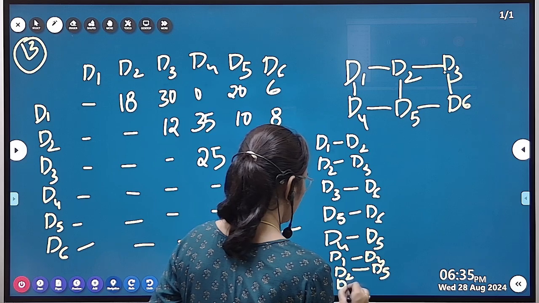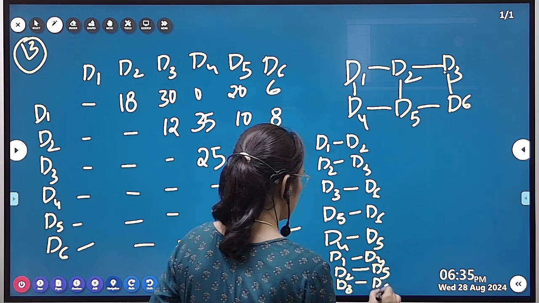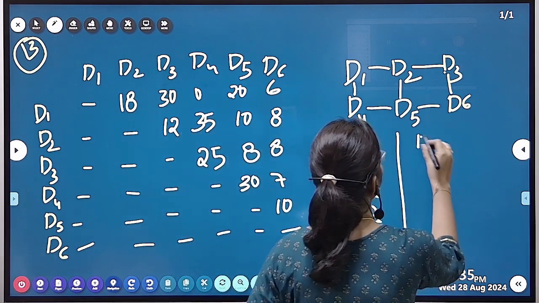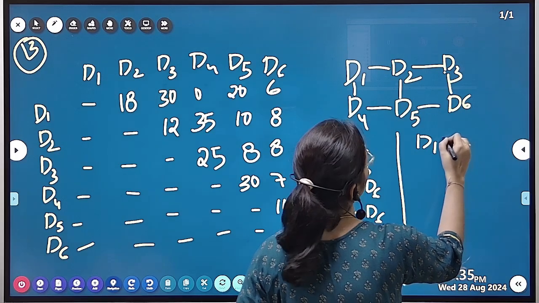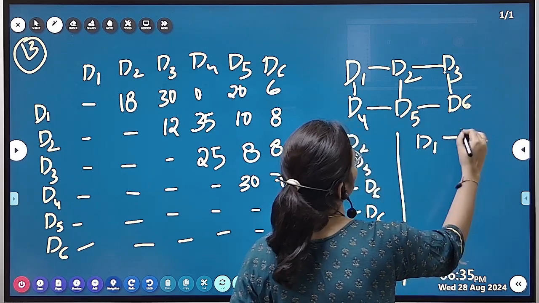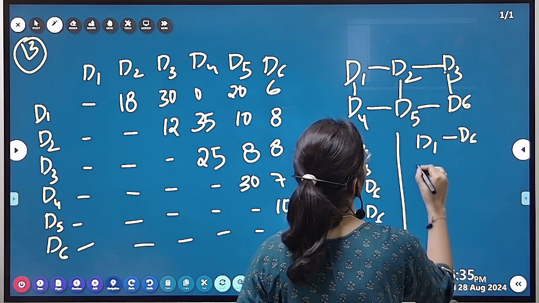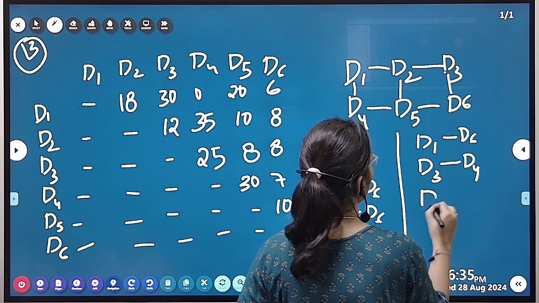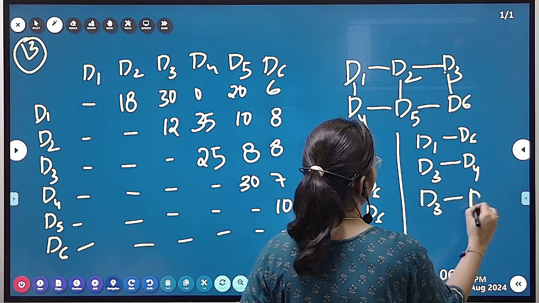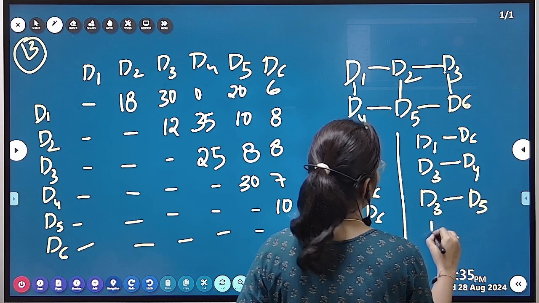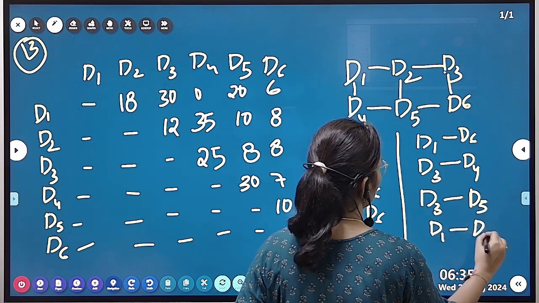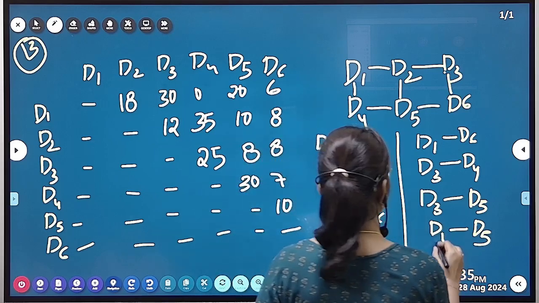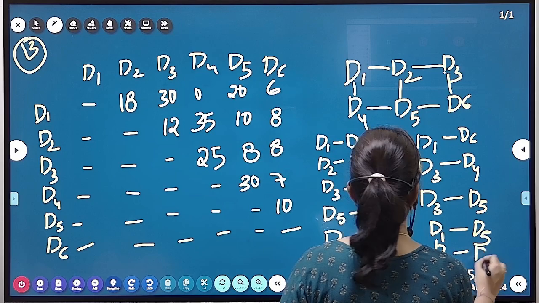So the non-adjacent pairs: D1 to D6, D3 to D4 and D3 to D5, D1 to D5 and next D2 to D4.